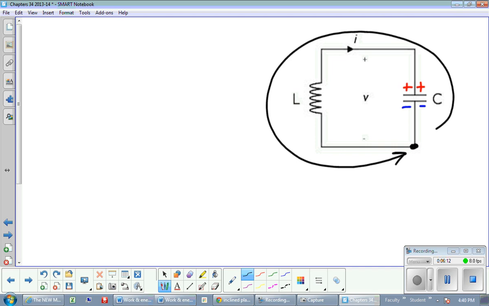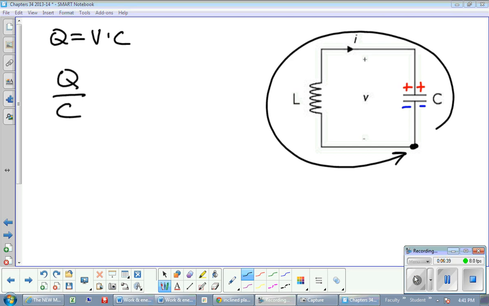And do you remember how to describe the potential difference across a capacitor? This is the equation I like to buy from the TV shopping network, QVC, and therefore the V is Q over C. That's the potential jump that we would have. And so then we have to have a drop across the inductor. How do we describe that?